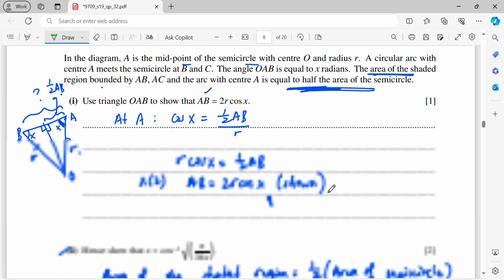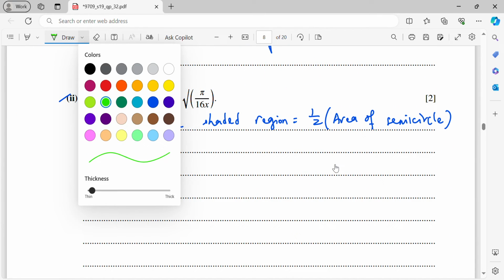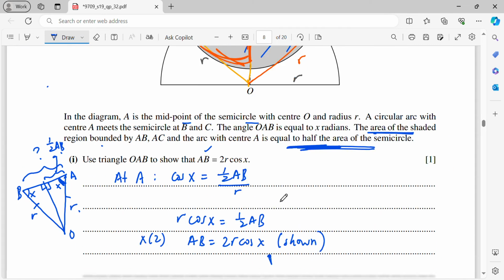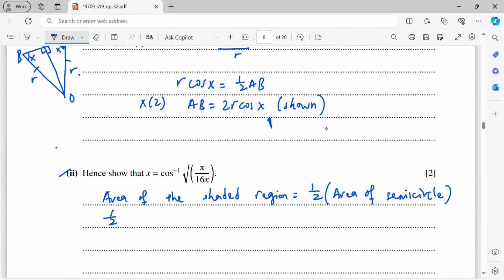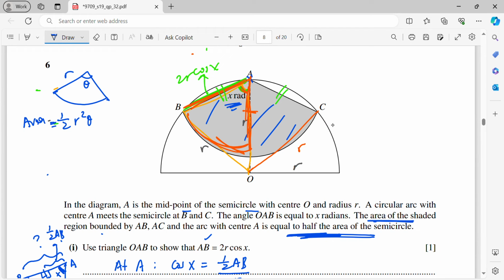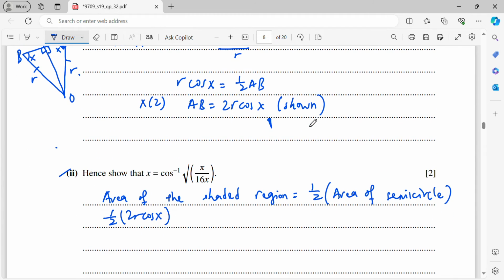So I will just use the formula half r squared theta. So half, my r is the AB. So my AB is 2r cos x. My theta is x, and then I times 2. So x, after that I times 2. That is the area of the shaded region, half of the area of the semicircle.